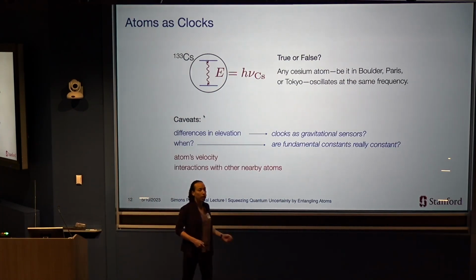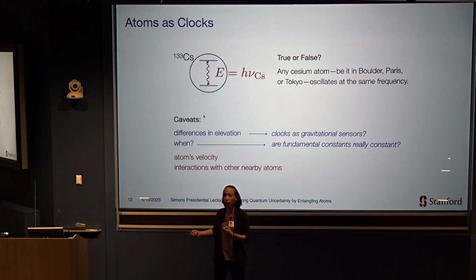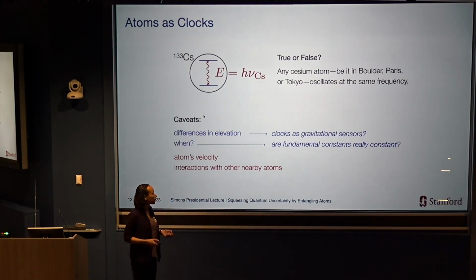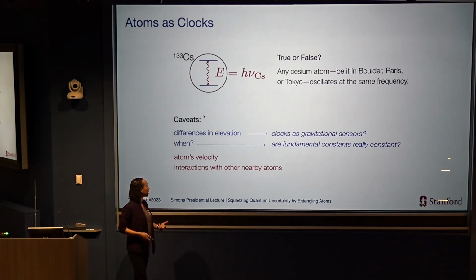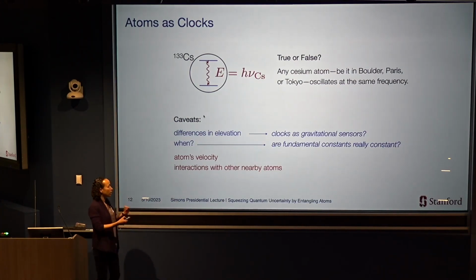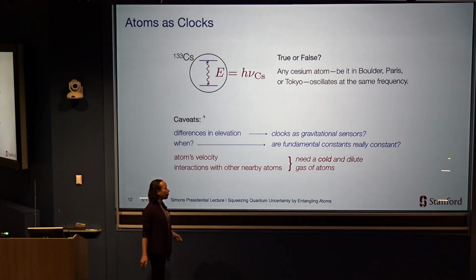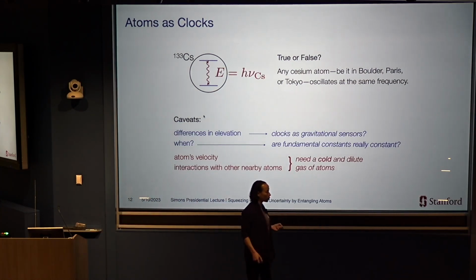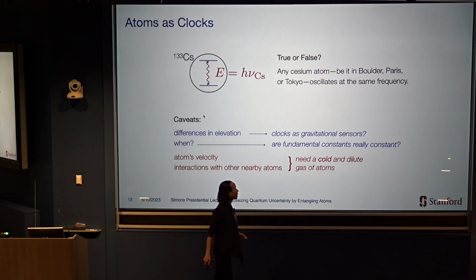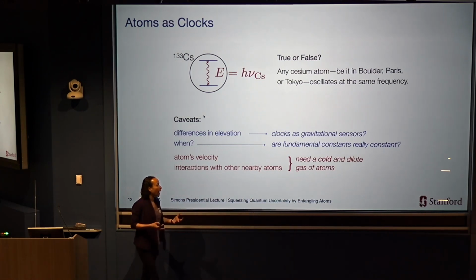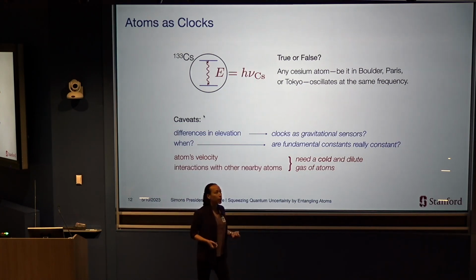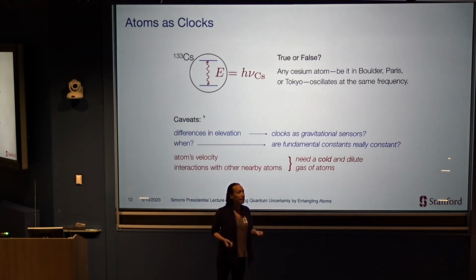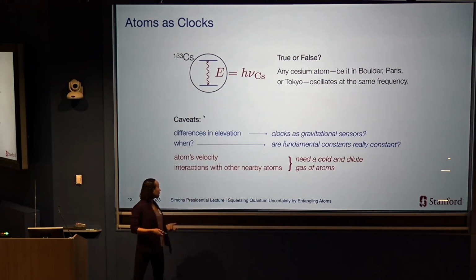And then there are perhaps more boring things that might perturb your clock in ways that you don't want. If the atom is moving, its velocity will affect the rate of ticking that we measure, or if the atom is interacting with some other atoms nearby. And so as a starting point, in order to make these types of measurements, one wants a gas of atoms that is dilute, so I don't have interactions perturbing it, and where the atoms are ideally at a standstill.